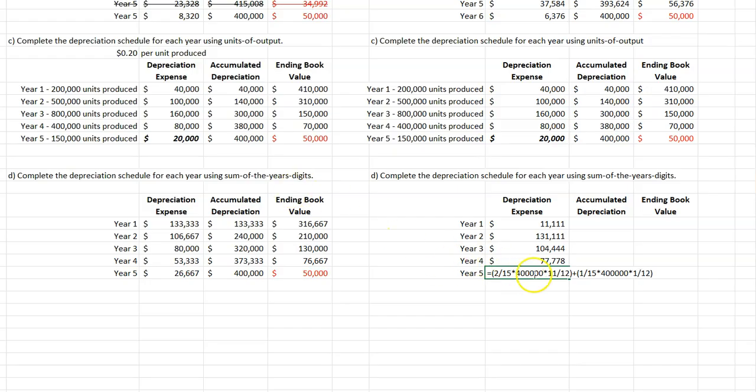All right, so I have 11 months at 2/15 and 1 month at 1/15. And now I still need 11 months at 1/15, so I'm going to do that in year 6. So 1/15.